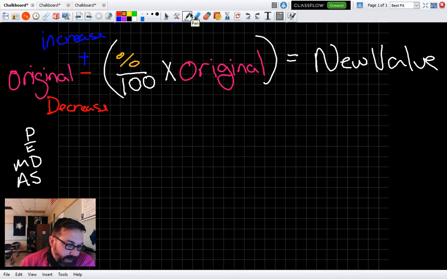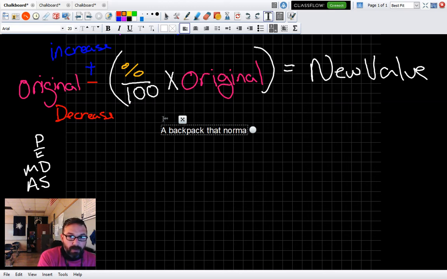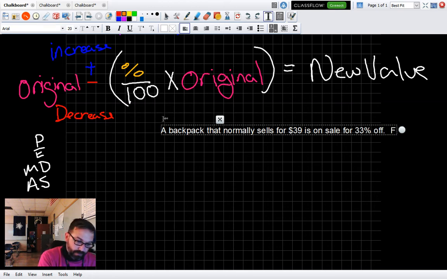A backpack that normally sells for $39 is on sale for 33% off. Let me see if I can type that real quick for you. A backpack that normally sells for $39 is on sale for 33% off.